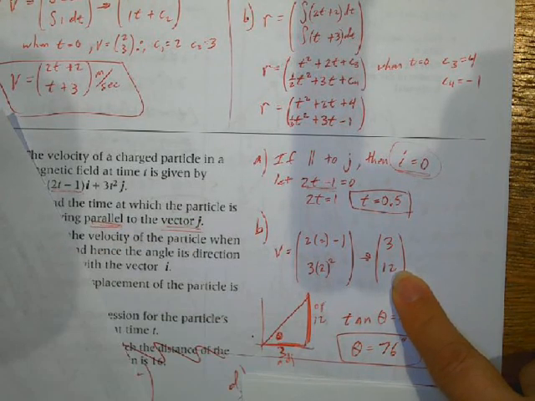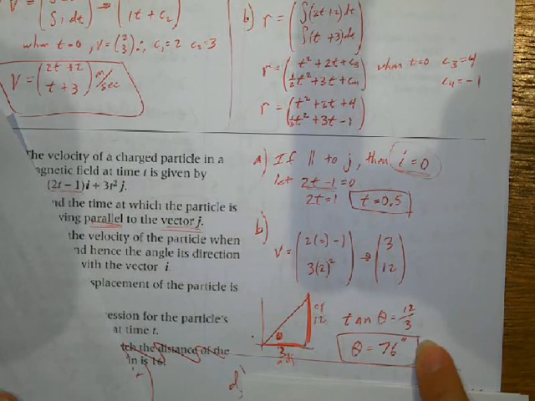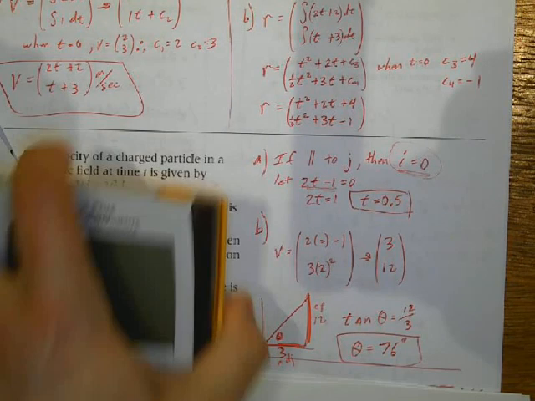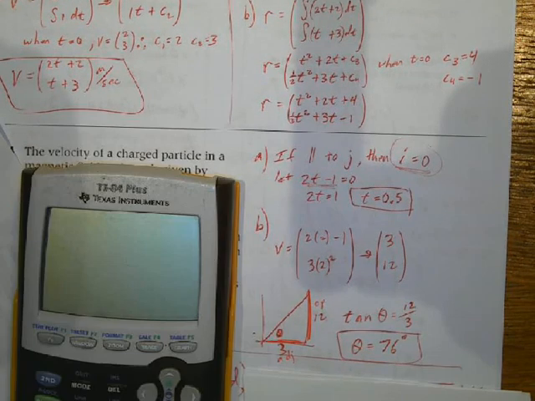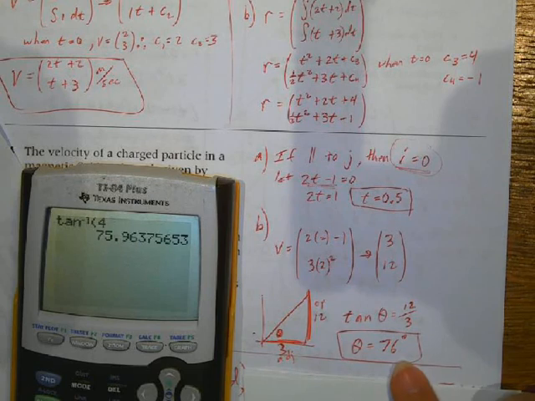If I'm dealing with opposite and adjacent, I'm going to write tangent. So tangent of 12 over 3, and if I plug that into my calculator, we end up with 4. And so the inverse tangent of 4 gives me 76 degrees.